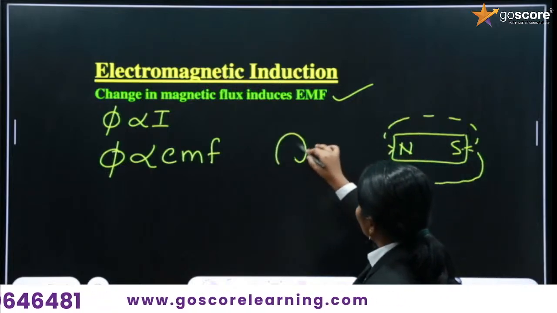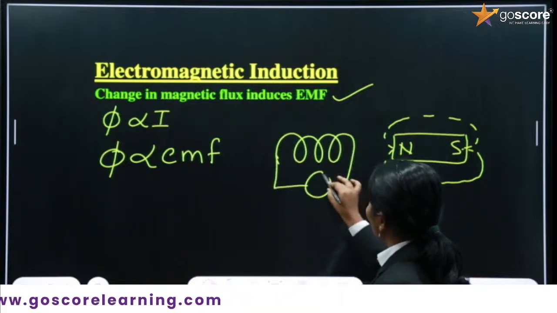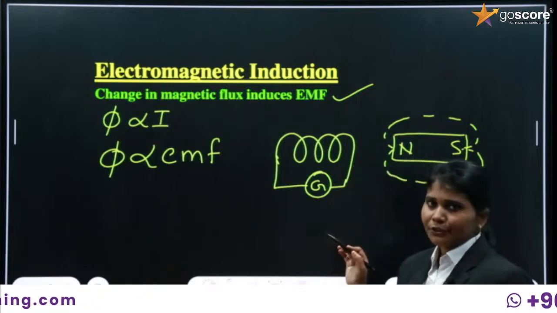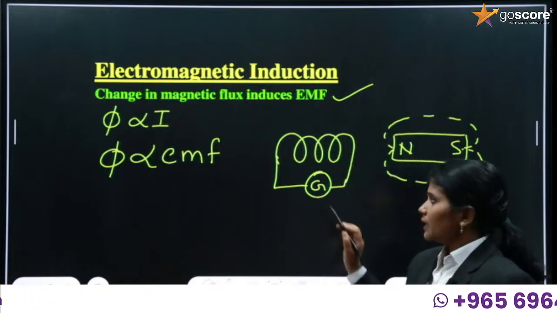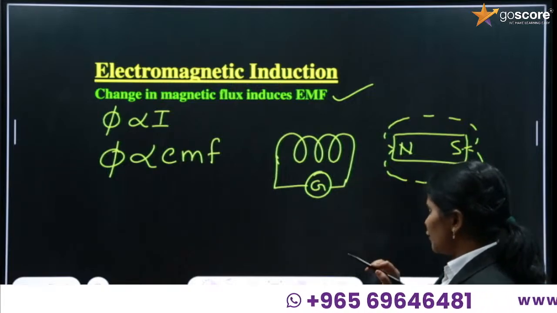Then it is brought near a current carrying coil. This current carrying coil is connected to the galvanometer.